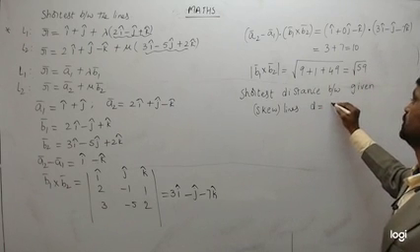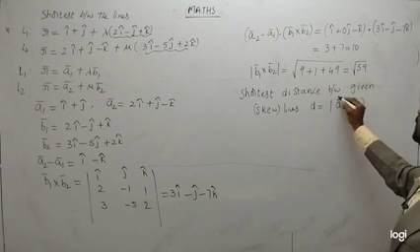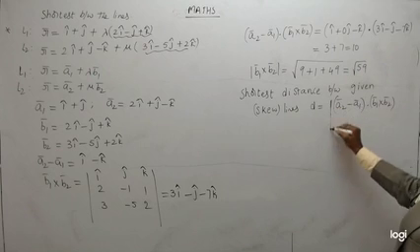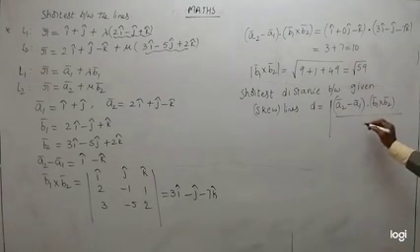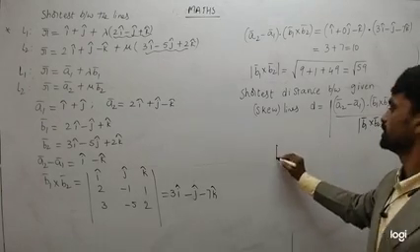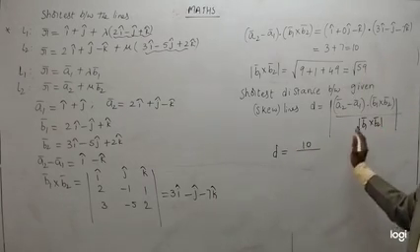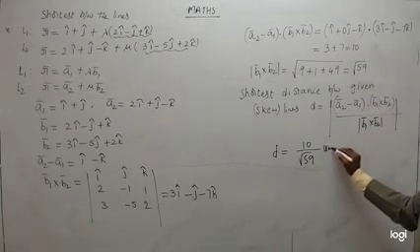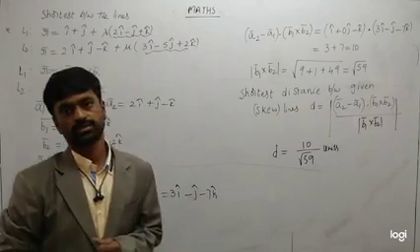D is equal to modulus of A2 bar minus A1 bar dot B1 bar cross B2 bar divided by modulus of B1 bar cross B2 bar. So thus D is equal to, what do you get? 10 divided by modulus of B1 bar cross B2 bar, root 59 units. So this is the shortest distance between the given skew lines.